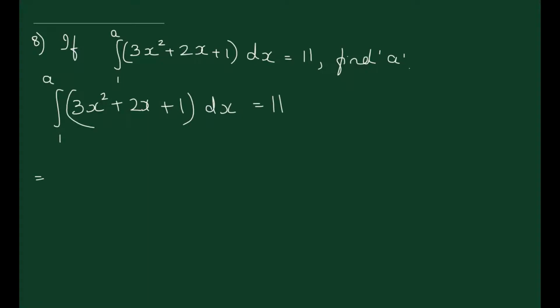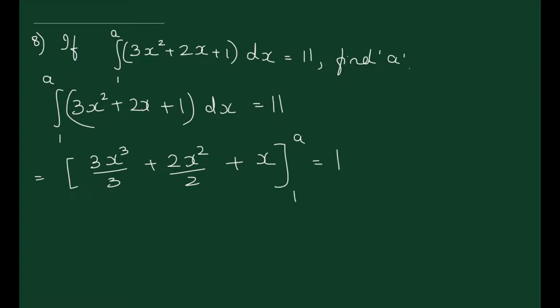Now we solve this by integration. So we get 3x cube upon 3 for the first term, plus 2x square upon 2 for the second term, and 1 is integrated as x, from 1 to a, is equal to 11. Now 3 gets cancelled, 2 as well, and now we put the limits of integration.